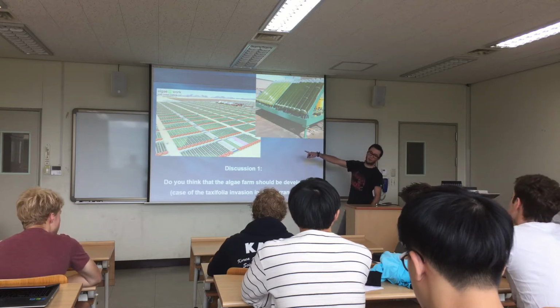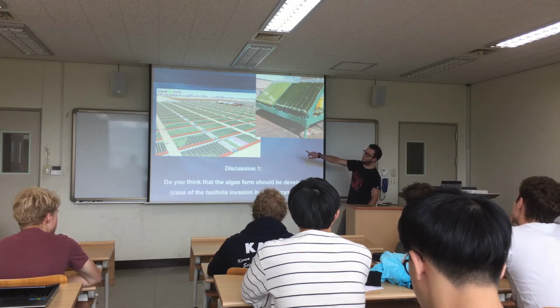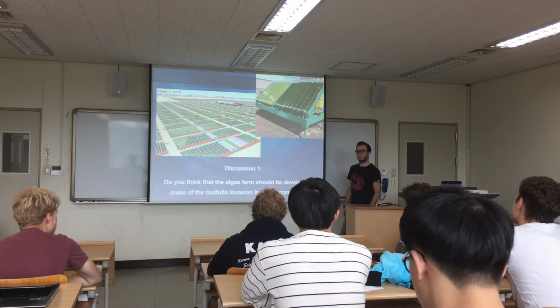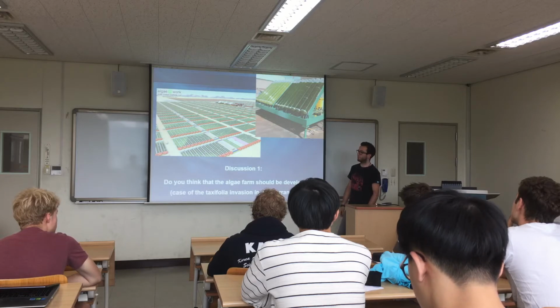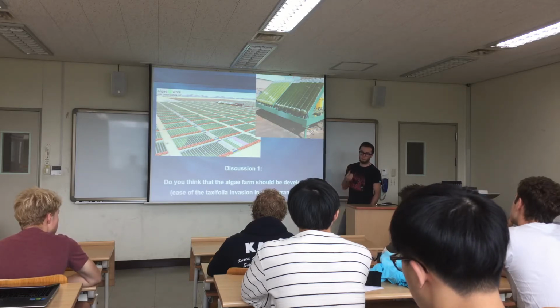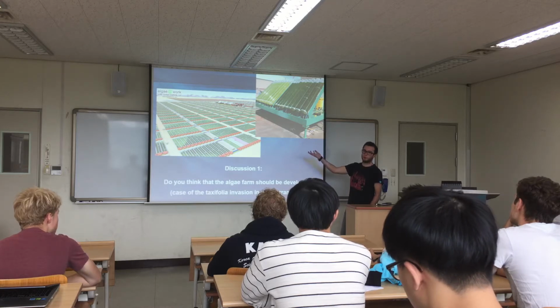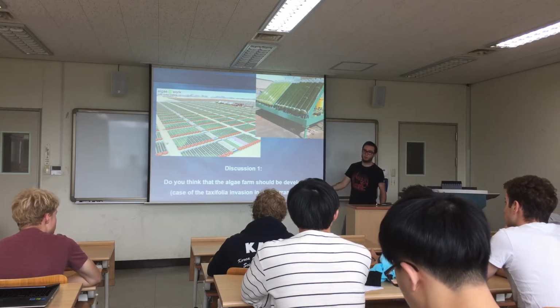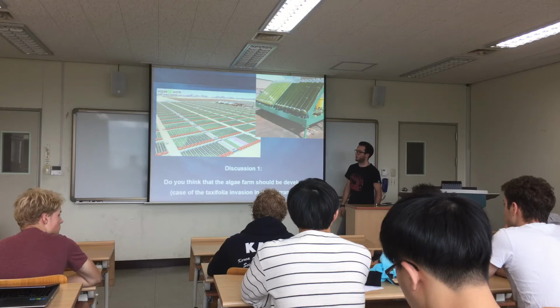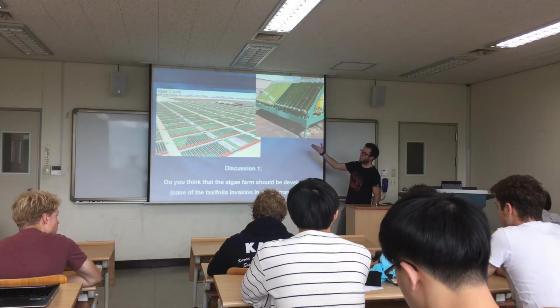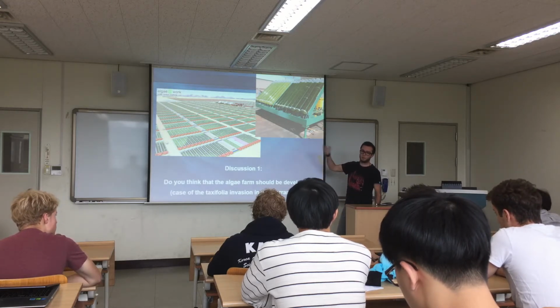To oxygenate all this water, you need to make a flow, right? And producing a flow artificially means you need to input energy to oxygenate the water, whereas in the sea it's a natural process. So in any case, by doing something artificially, you need to input energy.